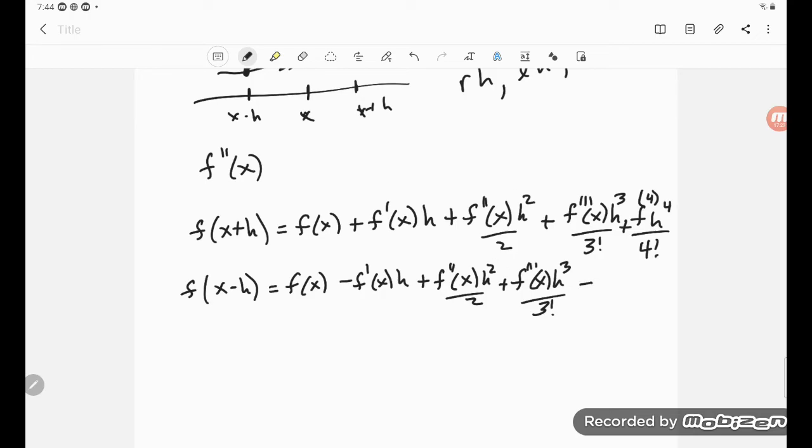Oops, that should have been a minus. It's a minus, and then a plus, f fourth derivative, h to the fourth over 4 factorial.